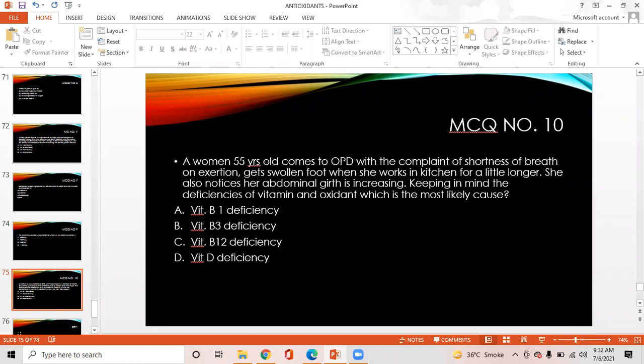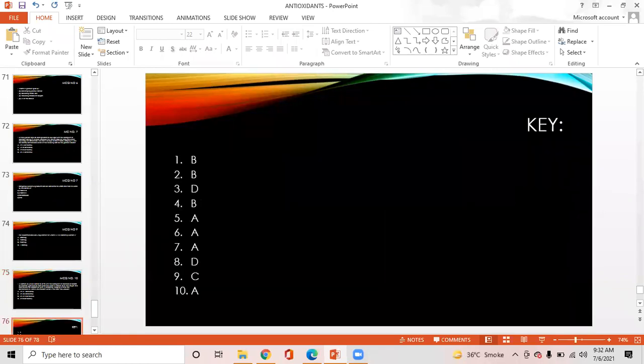Vitamin B1 deficiency, vitamin B3 deficiency, vitamin B12 deficiency, or vitamin D deficiency? The correct answer is A, vitamin B1 deficiency, because these are the signs and symptoms of cardiomegaly or cardiac involvement that happens in wet beriberi because of thiamine deficiency.